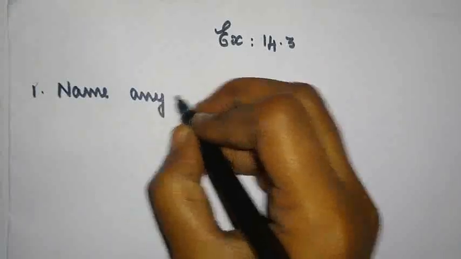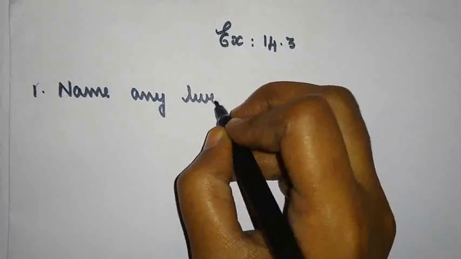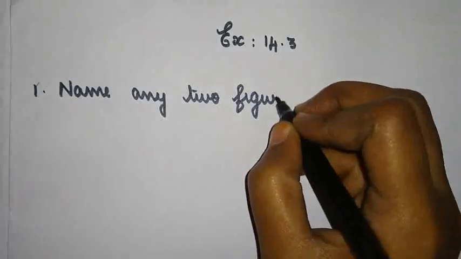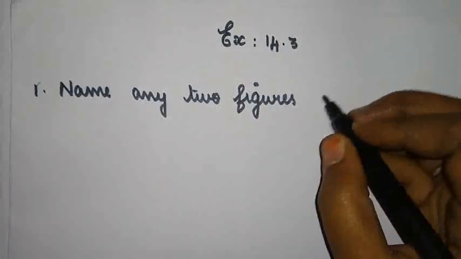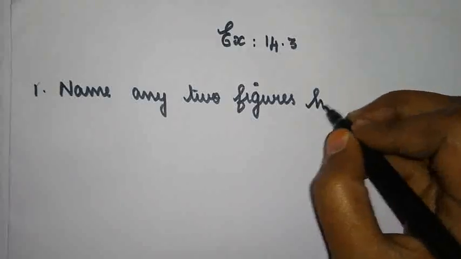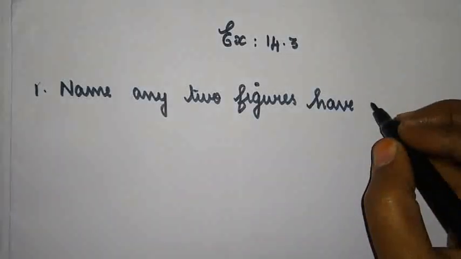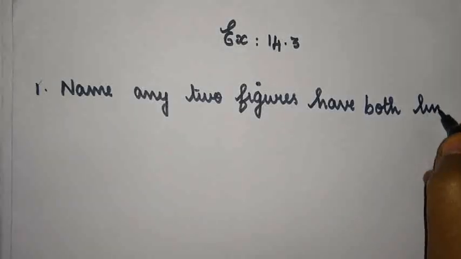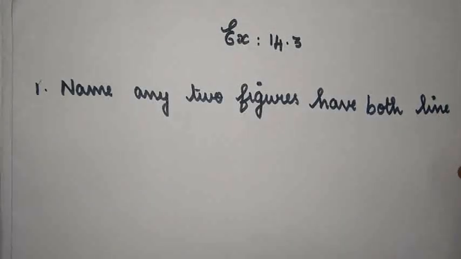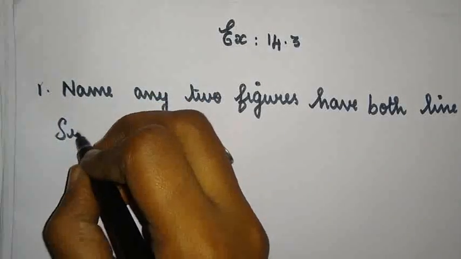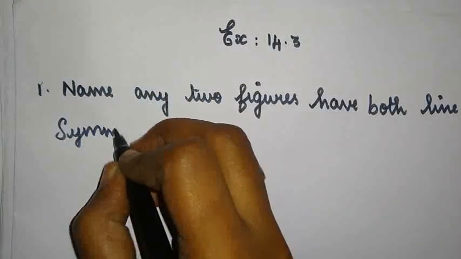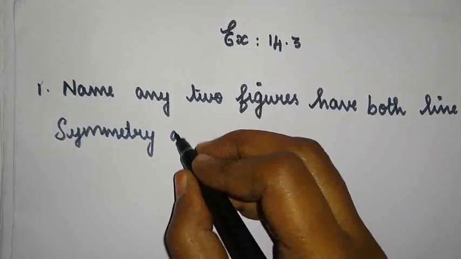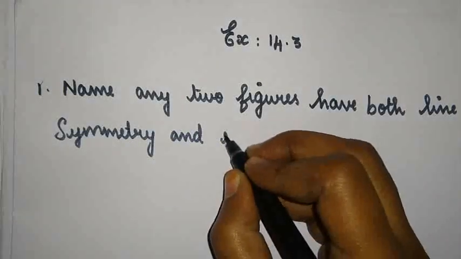Name any two figures that have both line of symmetry and rotational symmetry.